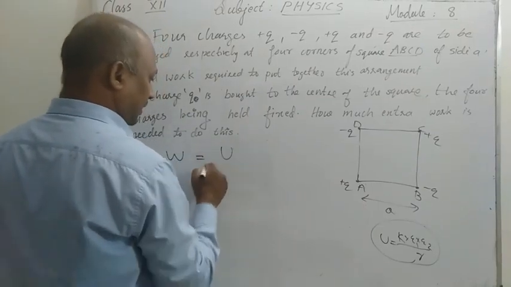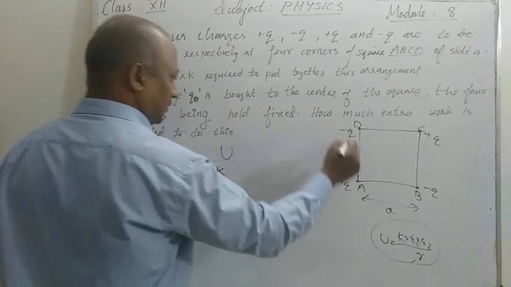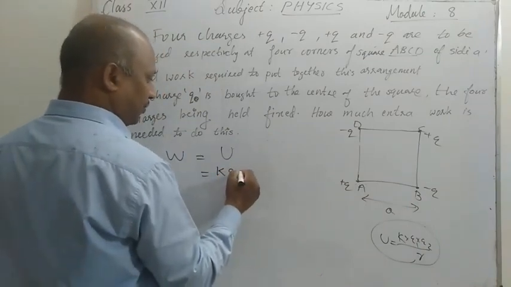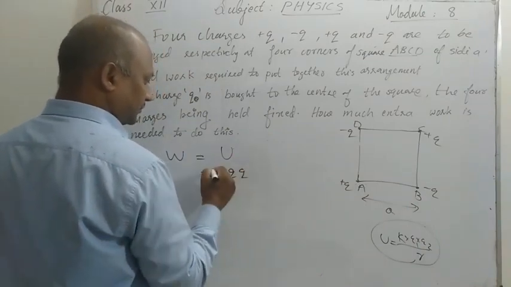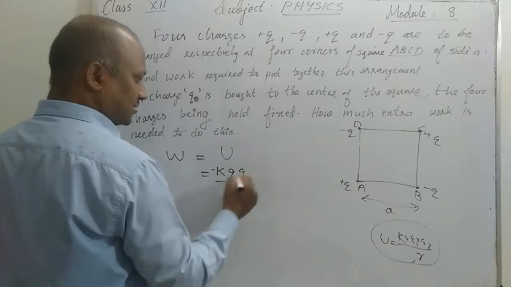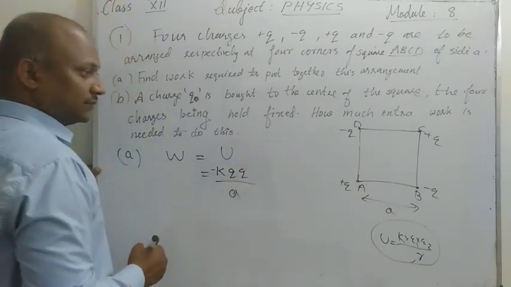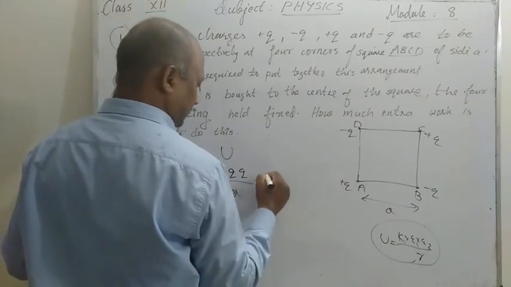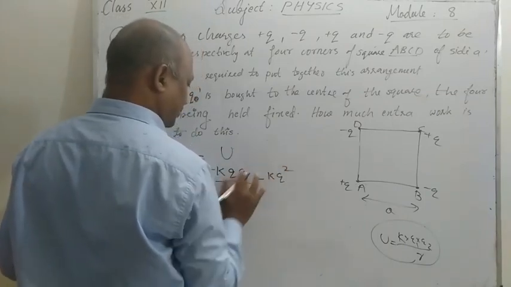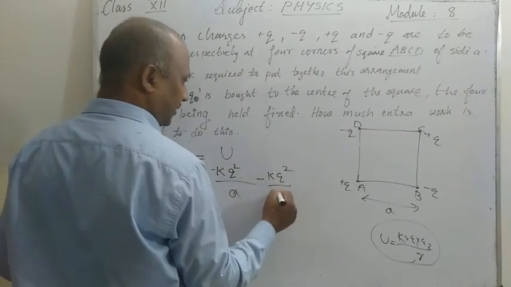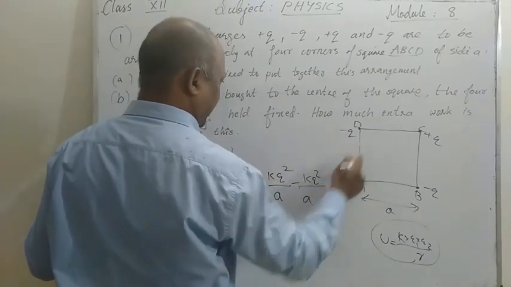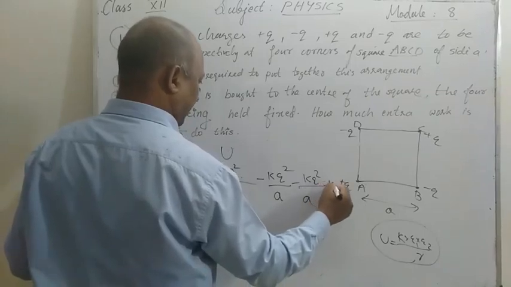So K, let's start from AB. So it will be K q1 q2, so plus into minus, minus K q square upon a, and here also minus K q square upon a, and here also minus K q square upon a, and then DA minus K q square upon a.